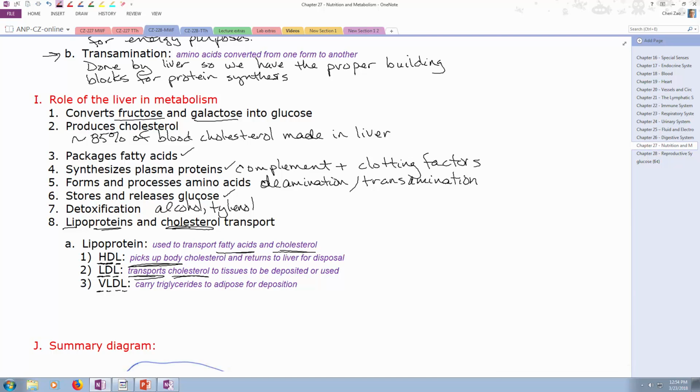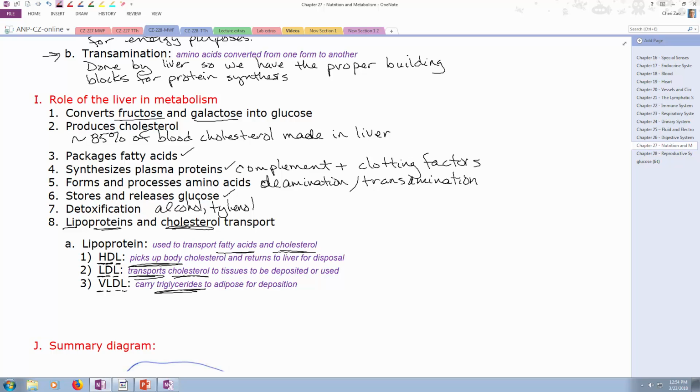VLDL is called that because the very low density lipoprotein, it is triglycerides that it's really full of. And it is designed to take triglycerides to your fat cells for deposition there.